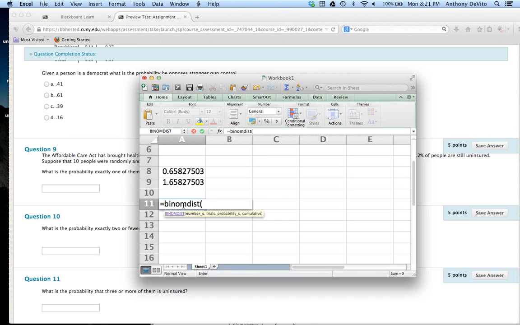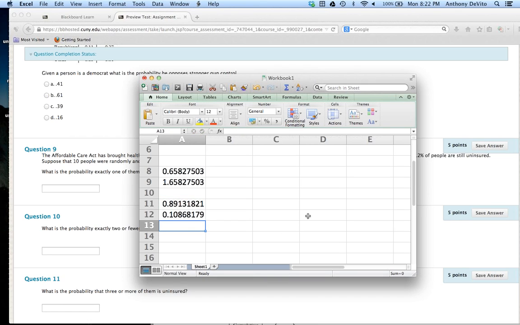So 2 is going to be in the lower part: BINOM.DIST(2,10,0.12,TRUE). And that's the percentage I get. The likelihood of more than 2 is going to be everything that's left after 2 or less. So that's going to be equal to 1 minus that.